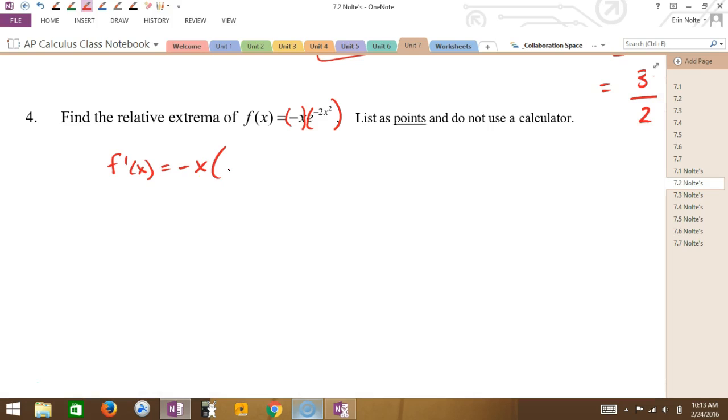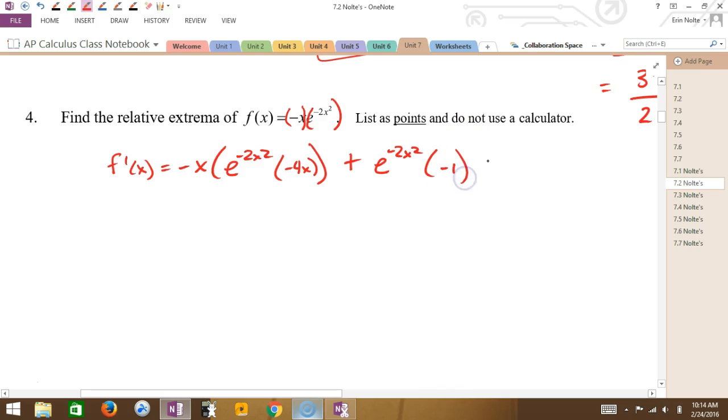To derive that, I'm using my second rule. So it's going to be e to the negative 2x squared times the derivative of the exponent, which is negative 4x, plus the second, e to the negative 2x squared, times the derivative of the first. What's the derivative of negative x?